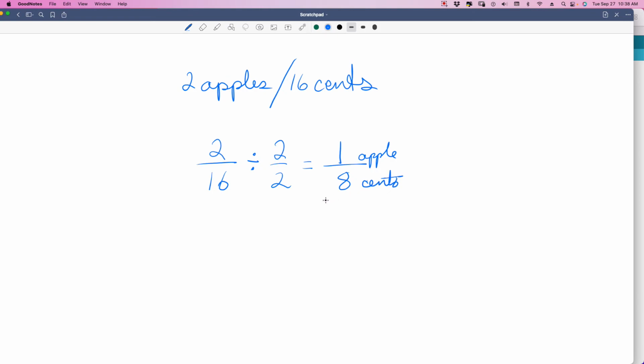This problem actually said, if I can buy 2 apples for 16 cents, how many cents does 1 apple cost? So you have to take your ratio and treat it like a fraction and reduce it to get your answer. So let's try 34.3.